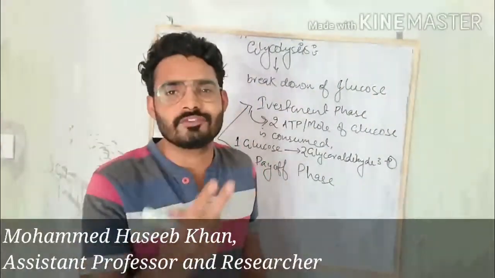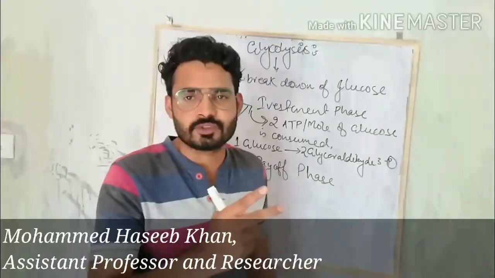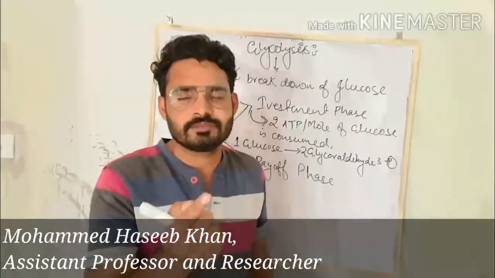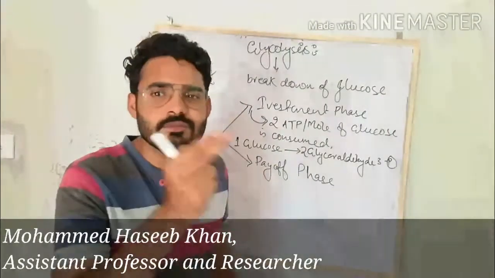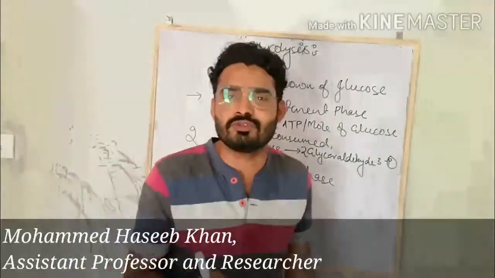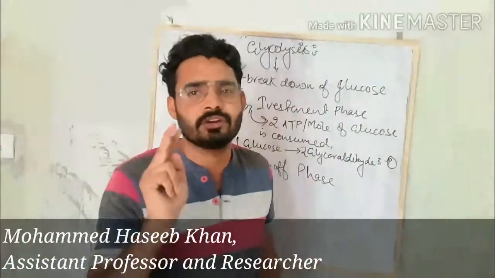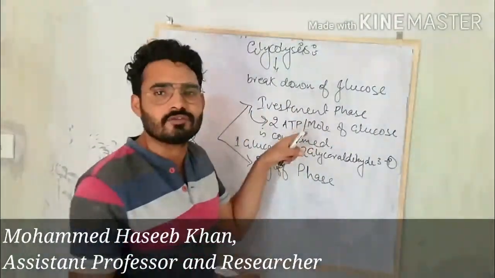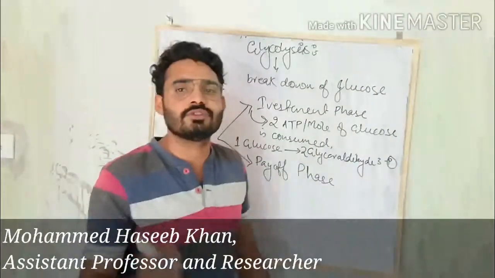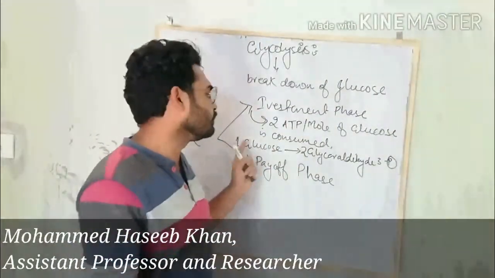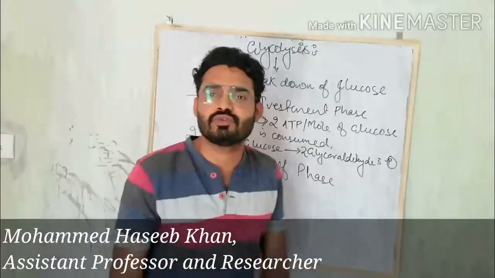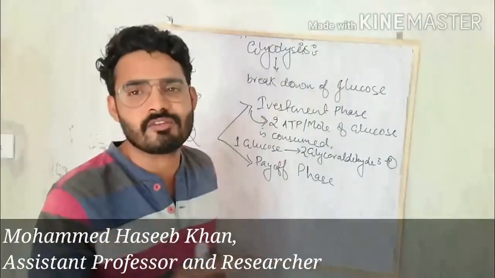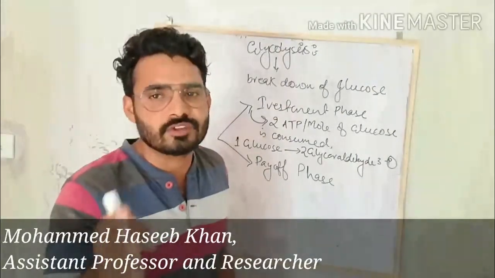So there are two different phosphates, one at the first position and another at the sixth position of the fructose, right? Here the second phosphate comes from the second ATP molecule that is consumed in step number 3. That is why in this investment phase of glycolysis, 2 ATP molecules are consumed and one glucose molecule gets converted into 2 glyceraldehyde 3-phosphate molecules. This is the summary of the first 5 reactions of glycolysis.